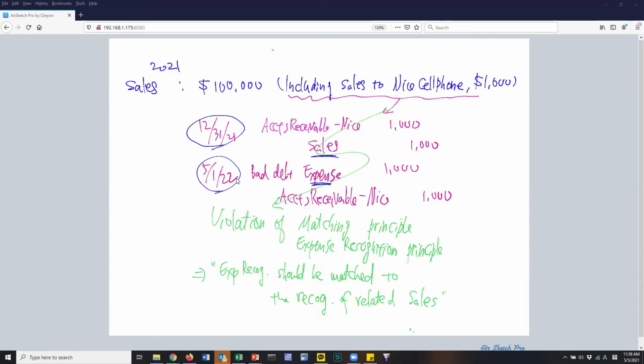As a result, he may end up reporting in the income statement of 2021 the sales of $1,000 from Nice, but in the income statement of 2022, he may end up reporting no sales from Nice, but added expense from Nice of $1,000.